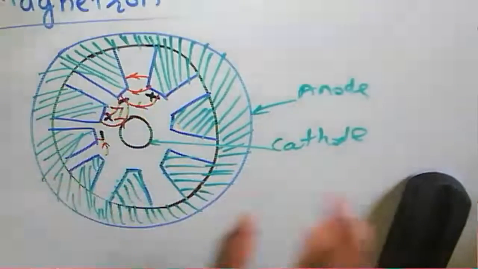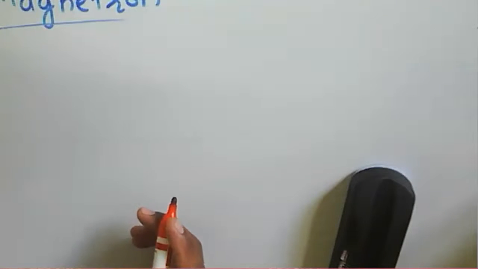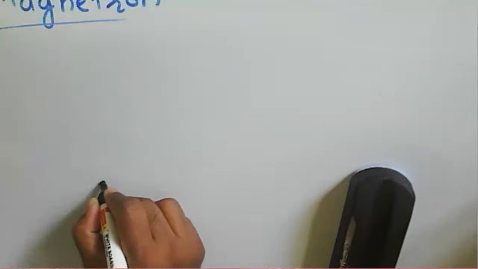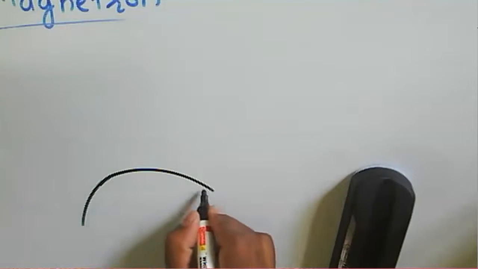Now I will redraw this part in a proper way. How does it look like? I am just going to redraw again here so that you people are able to understand it properly.